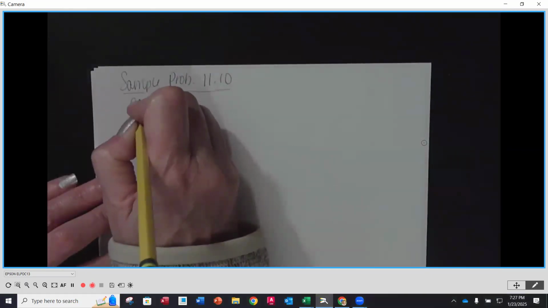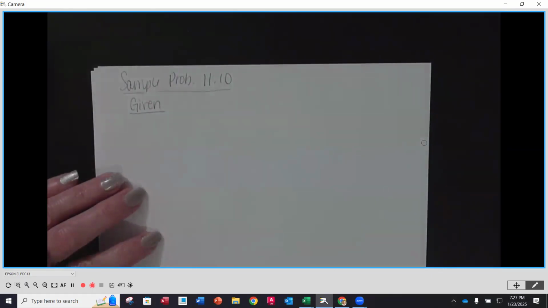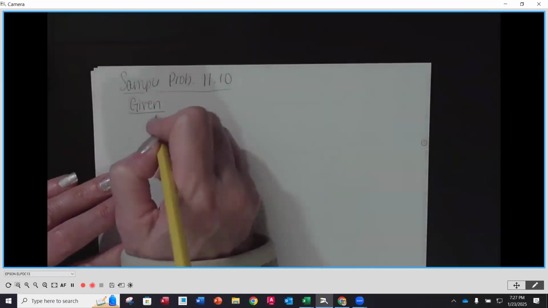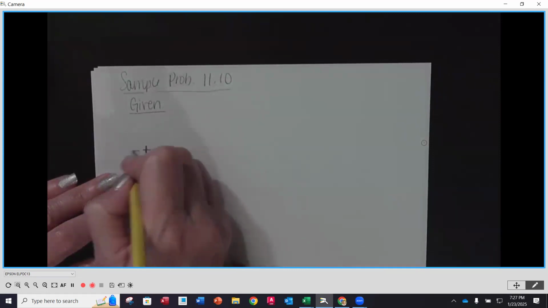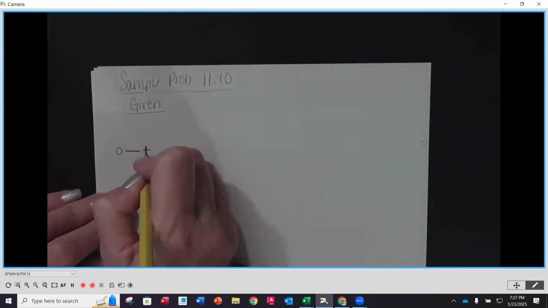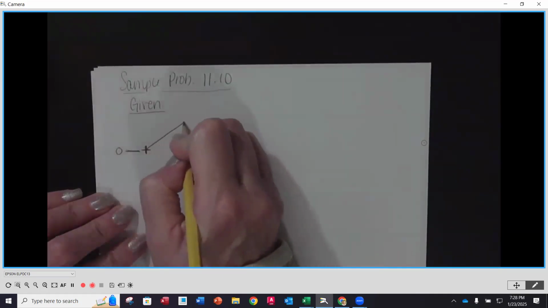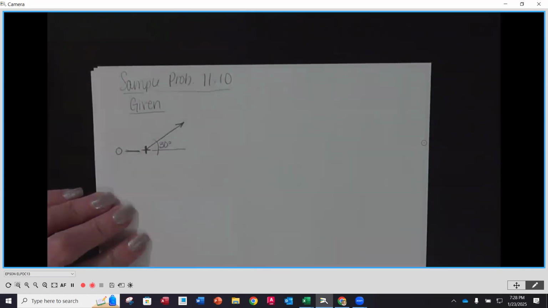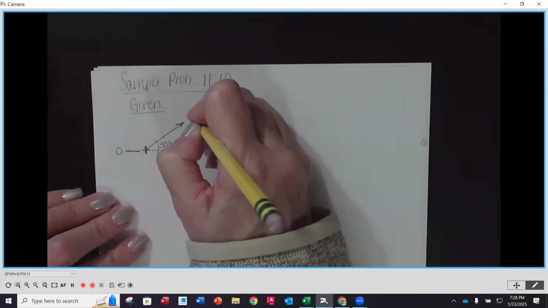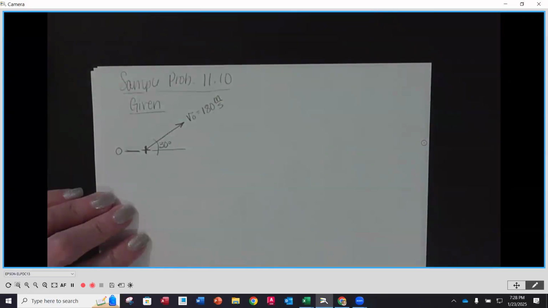And what we are given, and I'm going to do a little illustration here just so that we can relate our variables to what the figure has. So I'm going to start here with our origin. This is where they're identifying the origin for our problem. And this is going to be the point where that projectile takes off. Okay, so from the horizontal, this is going to be 30 degrees. We know that the V0 here is 180 meters per second.